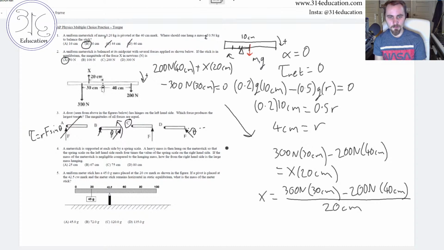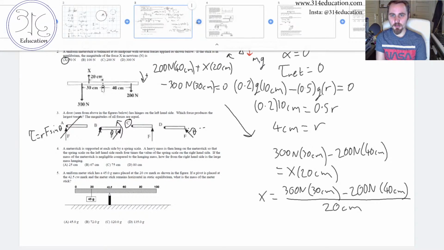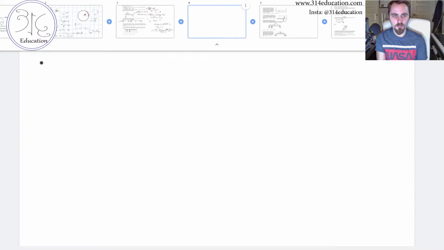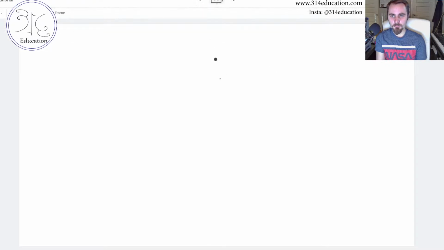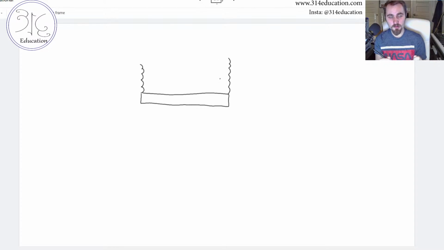What we've got here, I'm actually going to quickly get us a new page because I want to draw this one out. There we go. So we've got a meter stick hanging from 2 springs on either side. These springs are measuring the force that is being pulled down because they are pulling upwards with equal and opposite force.